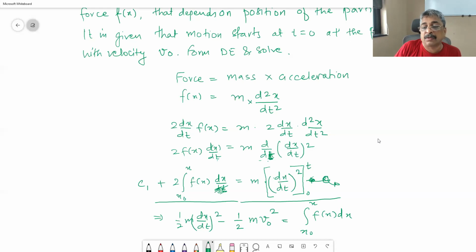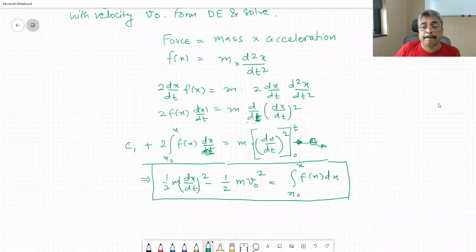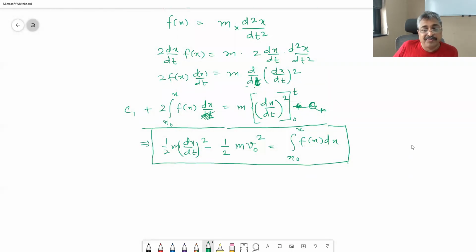This is your energy equation. This is the constant part in it. One is potential energy, another is kinetic energy.